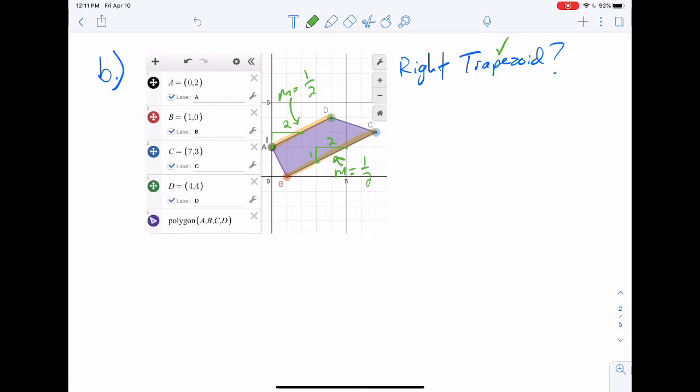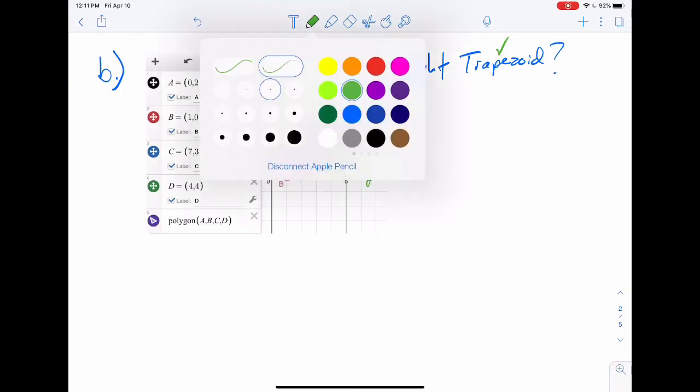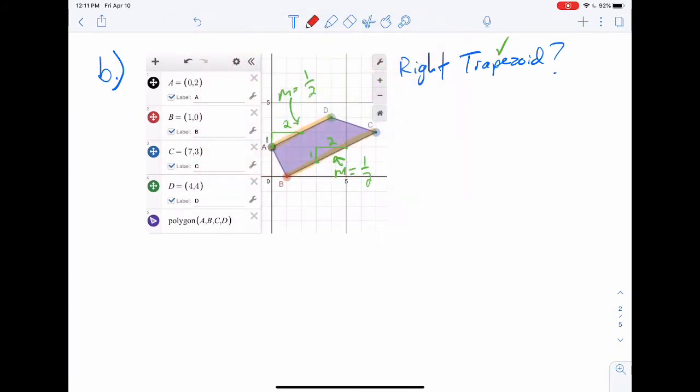Is it a right trapezoid? So now we need to try and prove that these are right angles. And so how do you prove that lines are perpendicular on a graph? Take a moment if you need to search that or look back at previous work, hit pause and then play when you think you have it.